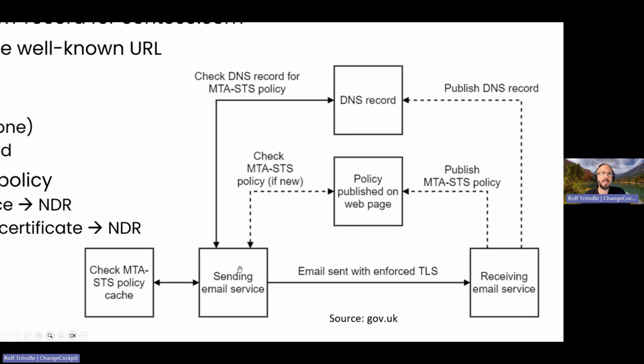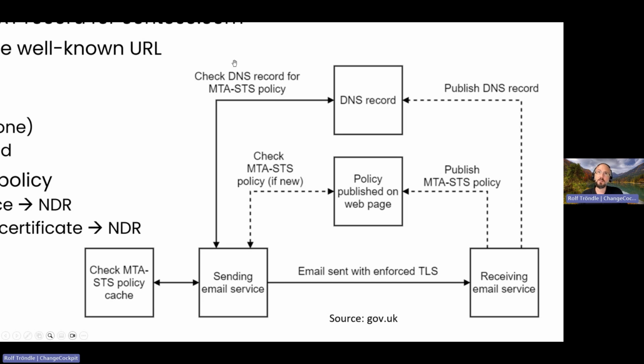In here, the sending email service will check for the MTA-STS policy cache. If the policy cache is there and is still valid, defined by the max age in the policy file, how long you can cache it, then it will check the DNS record for the MTA-STS policy, to check if there is a newer one.